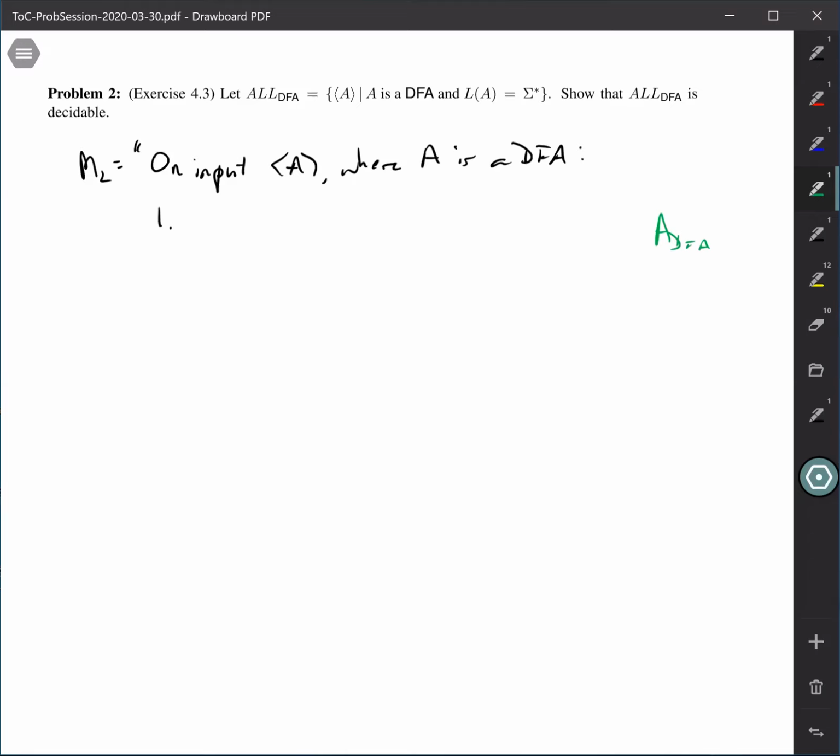It's a language of DFAs and strings, like A comma W, and it's asking whether A accepts W. So it's not a question about the entire language that the DFA recognizes, but about a specific string. So is this a question about one specific string, or is it about a language as a whole?